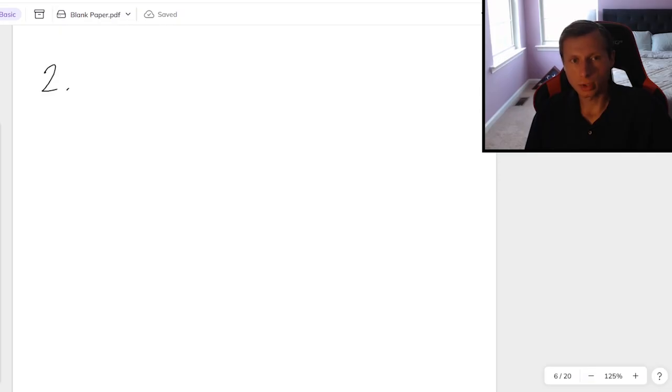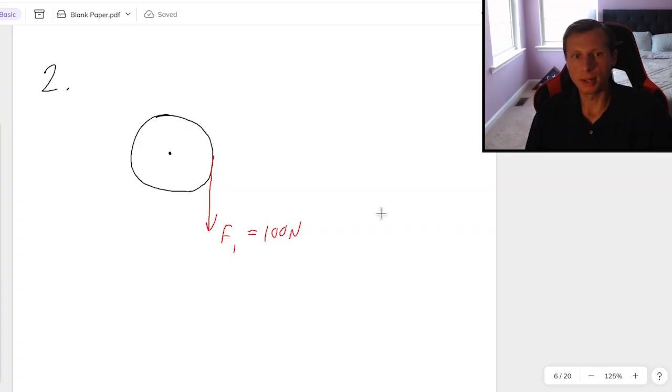So now here's the second question we're going to do today. Basically, I'm going to have a wheel, and I'm going to apply 3 forces on this wheel. The first force, F1, is going to be 100 newtons applied perpendicularly to the wheel's radius. By the way, the radius of the wheel, let's say, is 25 centimeters.